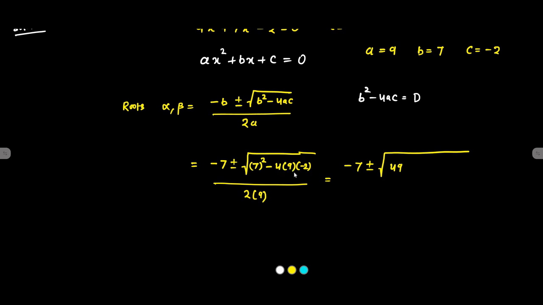That is equal to minus 7 plus minus root over 49 minus 9 into 4 is 36, into minus 2, that is minus 72. So minus 72 becomes plus 72, by 18. So this is equal to minus 7 plus minus root over 121 by 18.